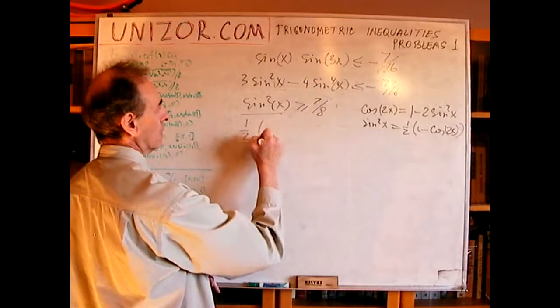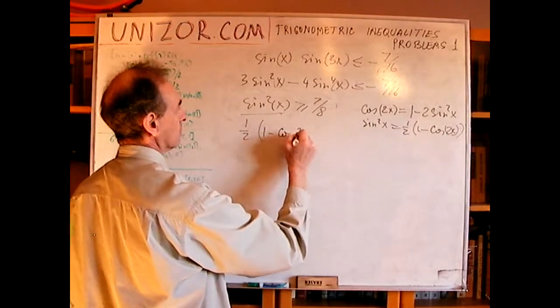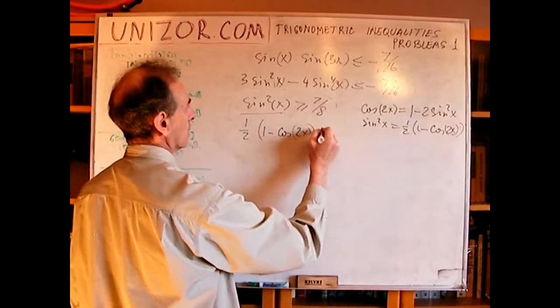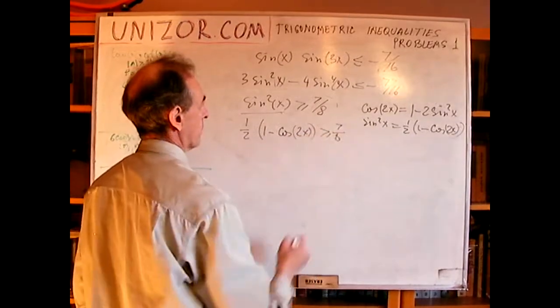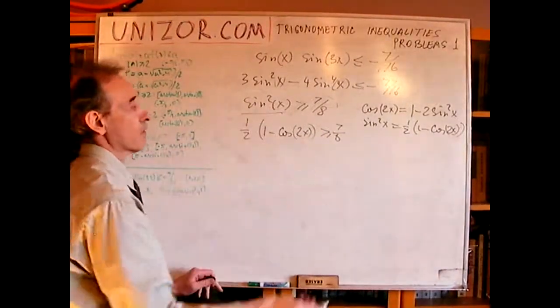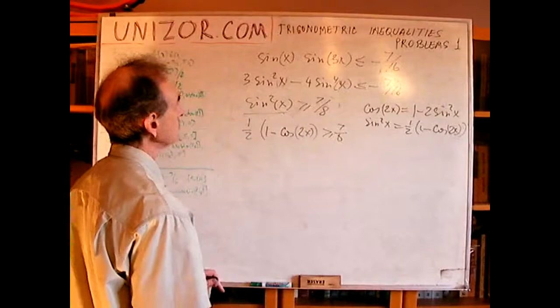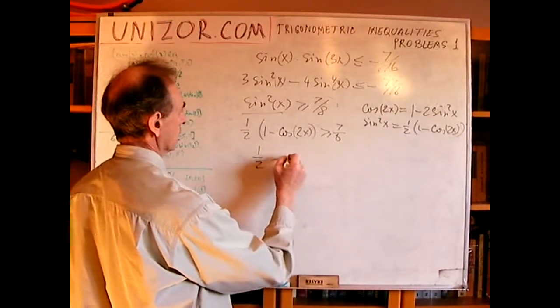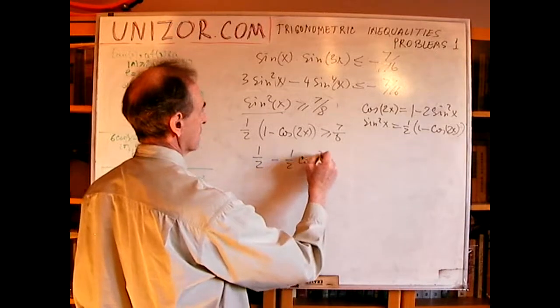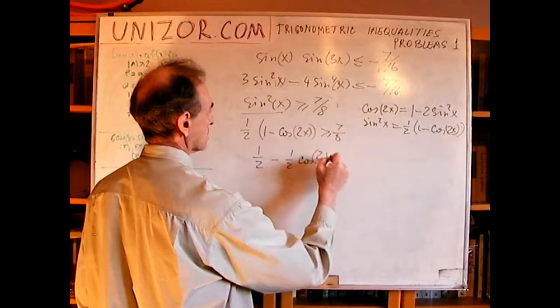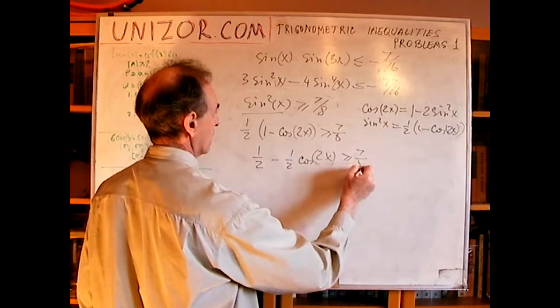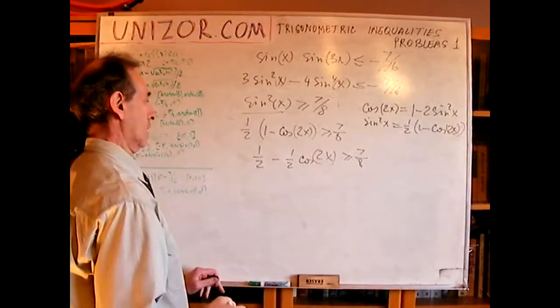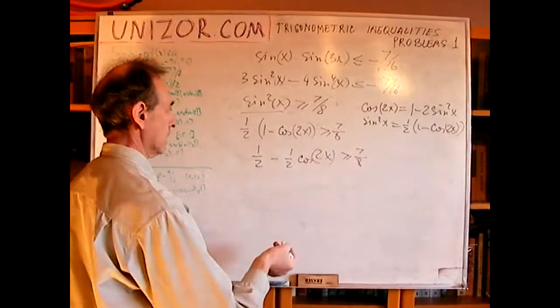1/2 times 1 minus cosine of 2x greater than or equal to 7/8. Well, that's easier because there is no square here, right? Okay, so it's 1/2 minus 1/2 cosine 2x greater than or equal to 7/8. Times 8, right?